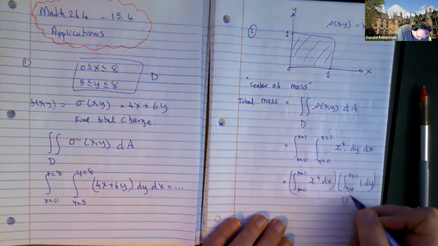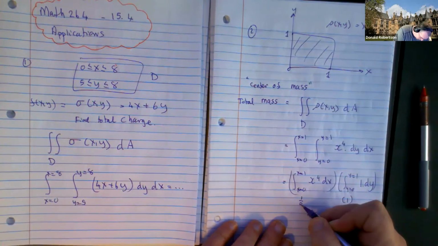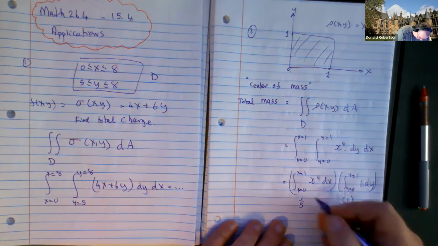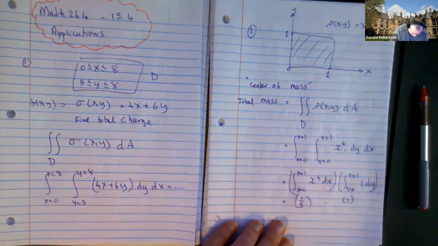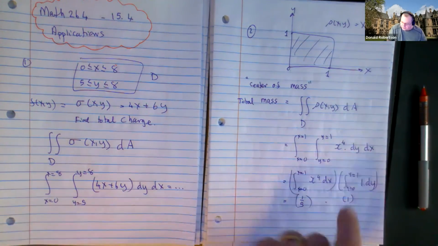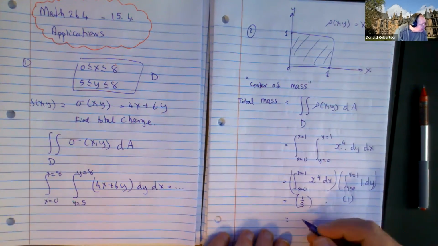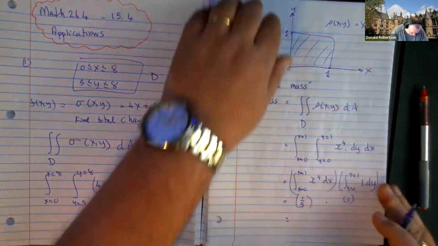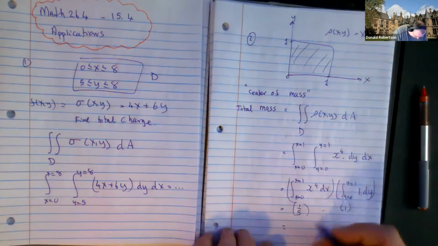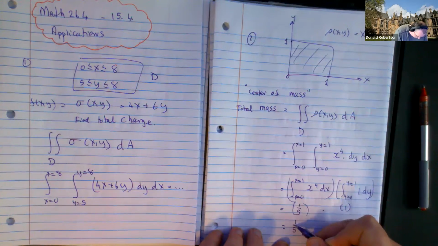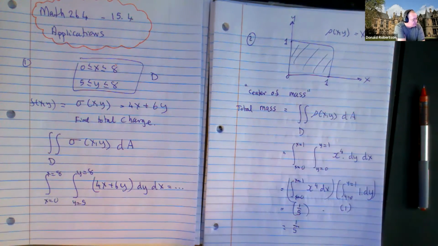Trust me, that ends up being 1. This ends up being 1/5. I'll let you do the calculations, but can you trust me that's what you get? So the answer that we get out of this is 1/5. Are we good so far?